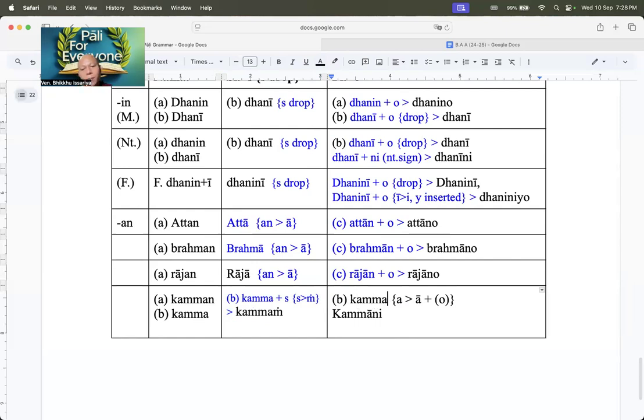The first one, gamma. After the plural sign or, but that or is dropped.